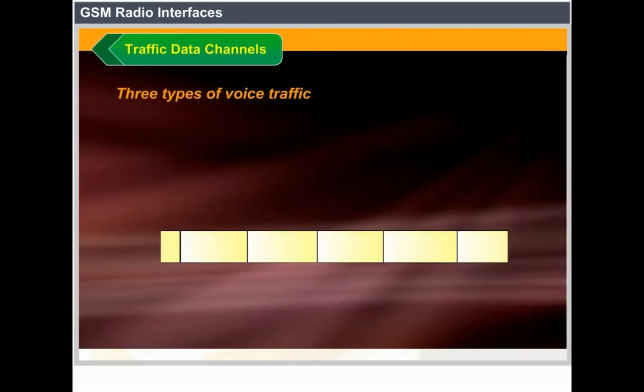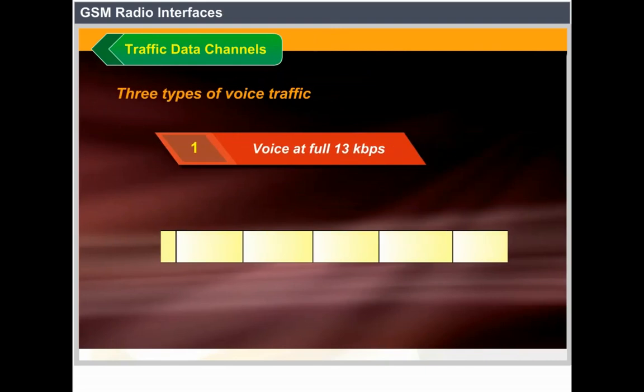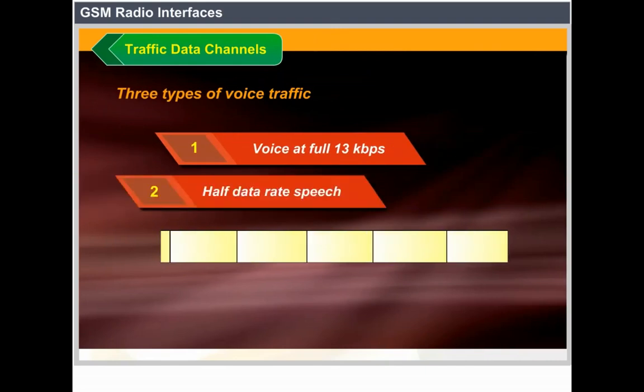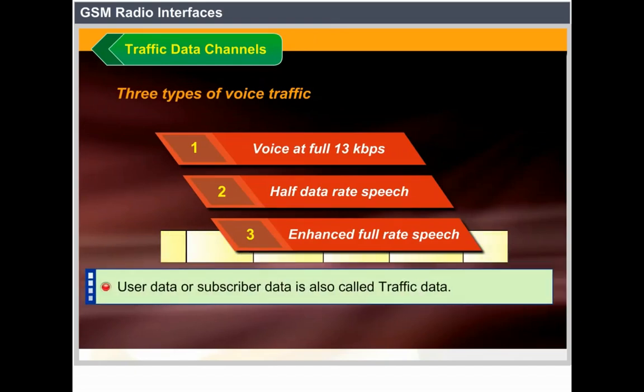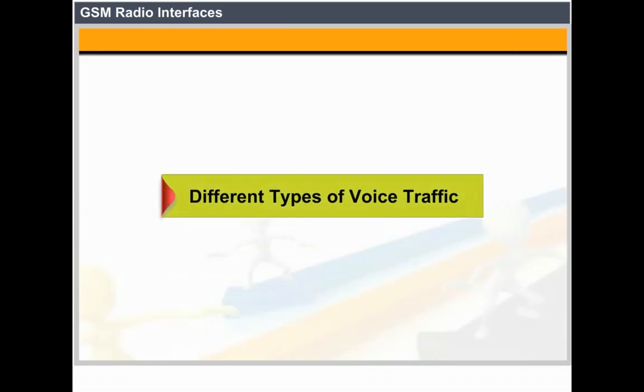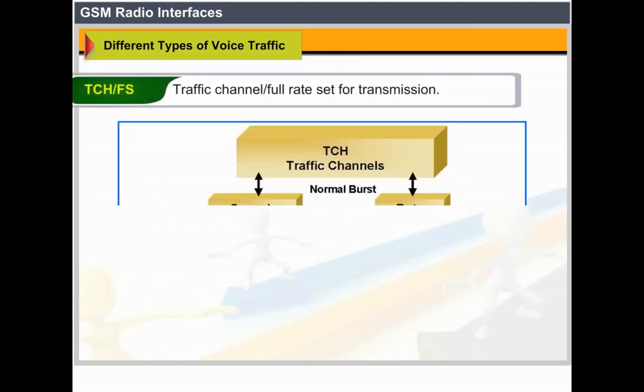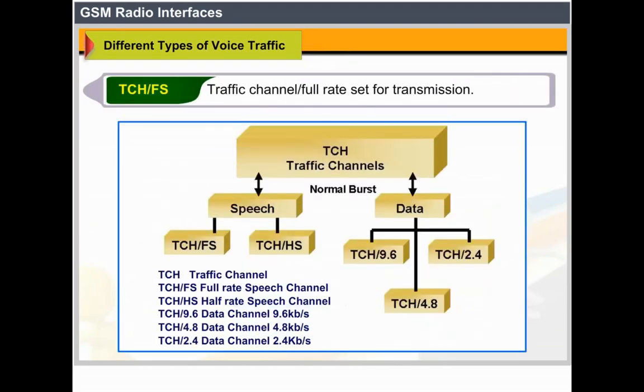3 types of voice traffic: voice at full 13 kbps, half data rate speech, and enhanced full rate speech. User data or subscriber data is also called traffic data. Different types of voice traffic: TCH/FS, traffic channel full rate set for transmission.